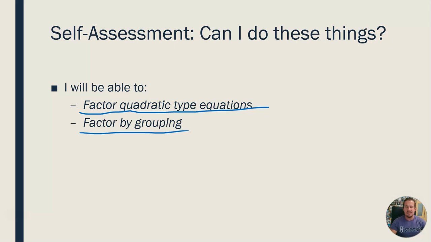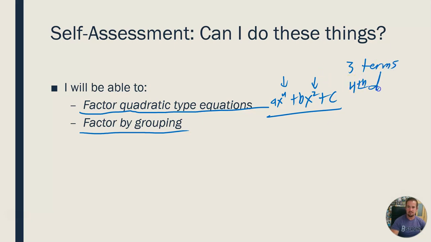So key things to watch out for in quadratic type equations: we're looking for something where it looks like a quadratic, but the exponents are doubled. 3 terms, 4th degree. That's what I'm looking for when I'm solving a quadratic type equation.